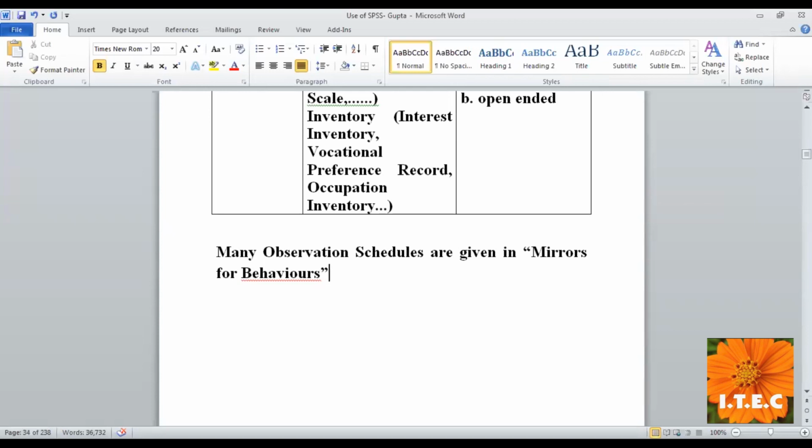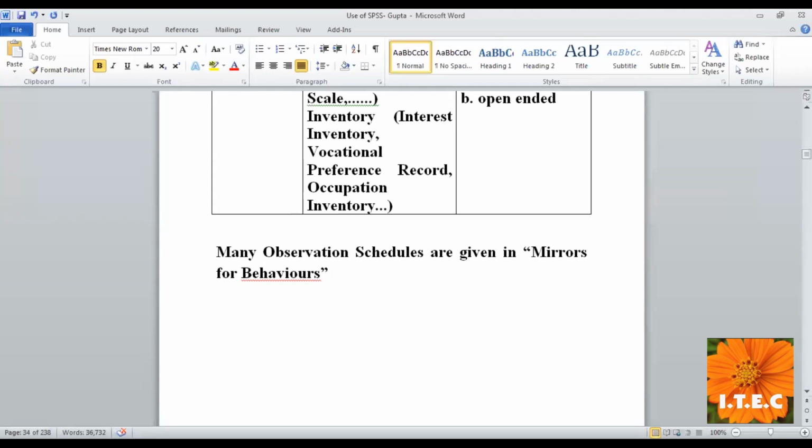If you take my book, Research Methodology and Applied Statistics, then under tools, you will find I have given whatever schedules are available in Mirrors for Behavior.